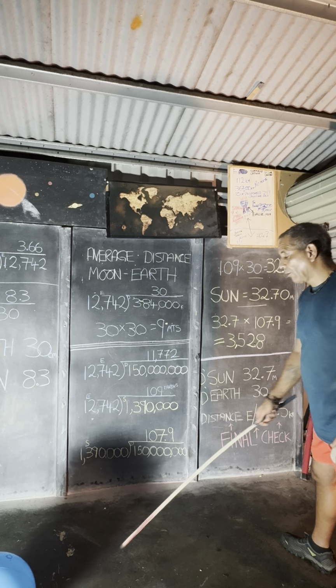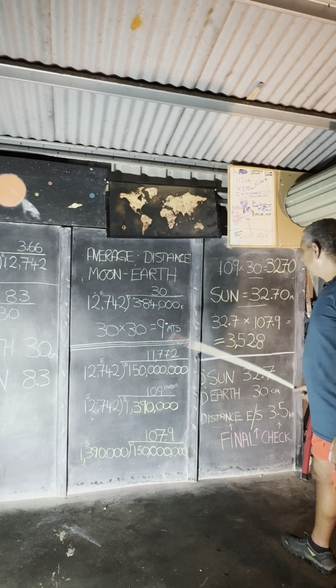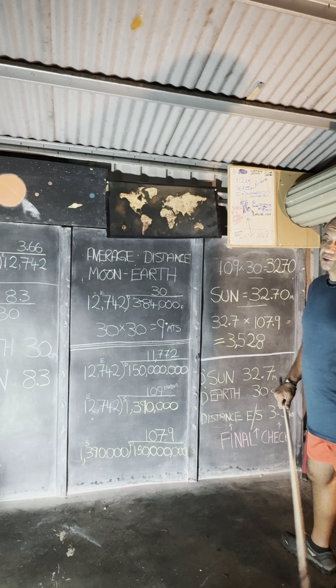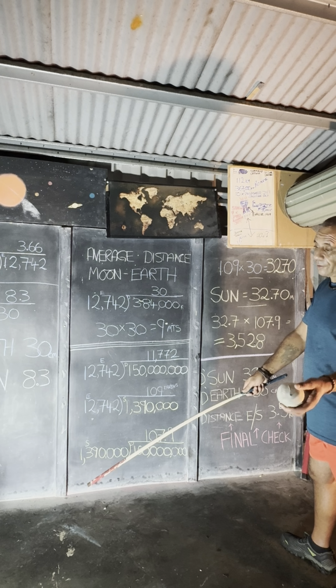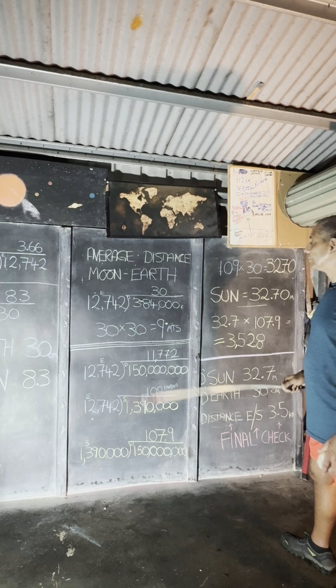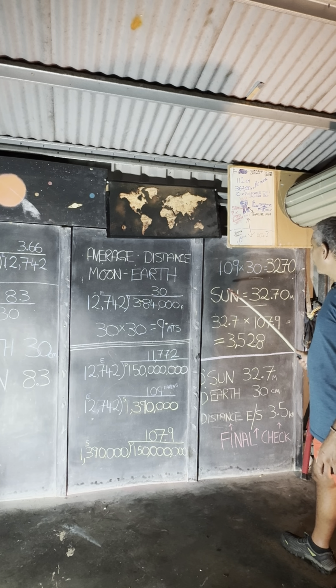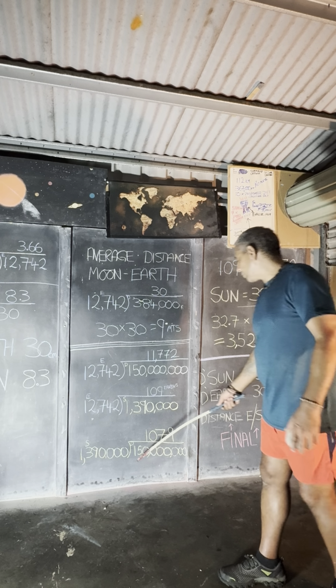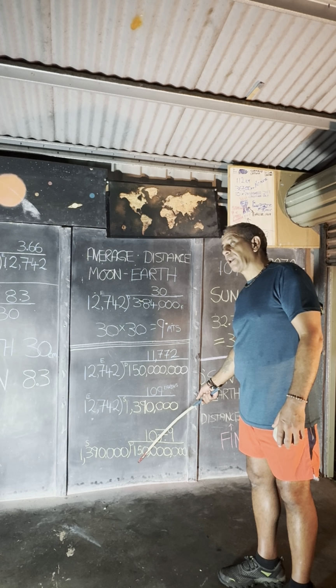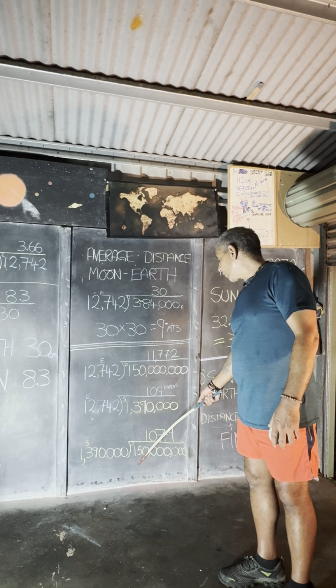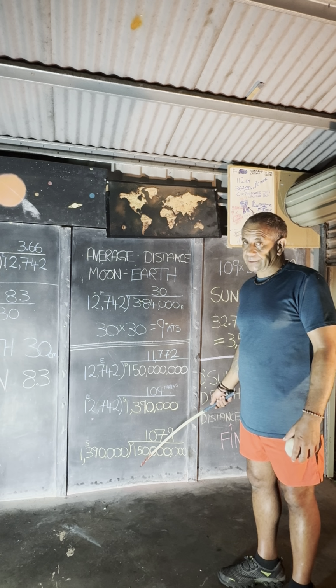What we have now is the sun's dimensions and the distance between that Earth and this Moon and the sun, right? So what we do, don't rain again, we've got 150 million kilometers, right?